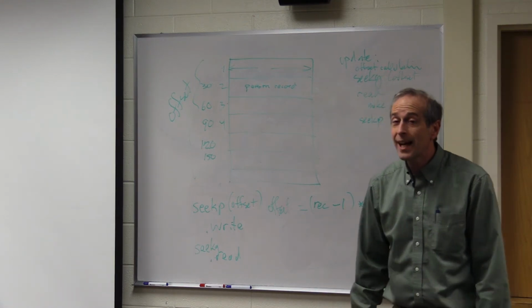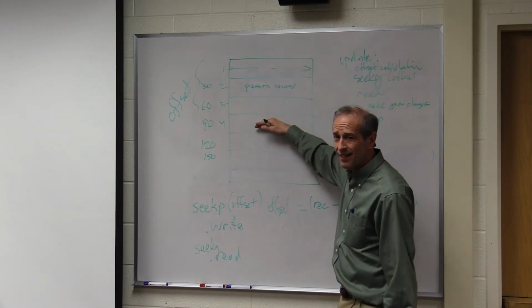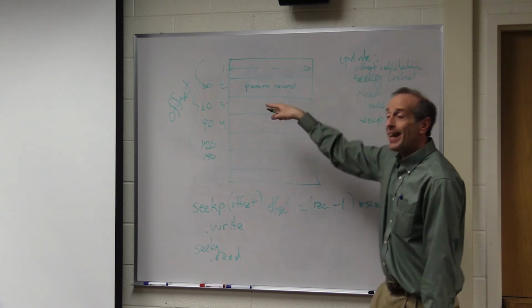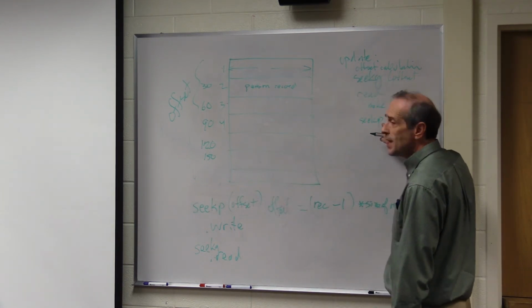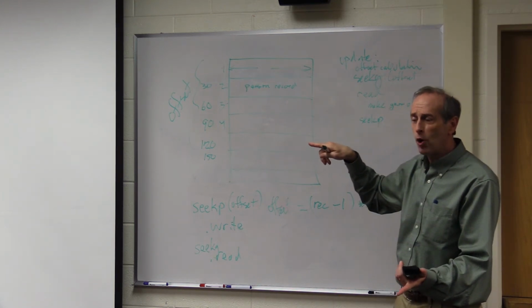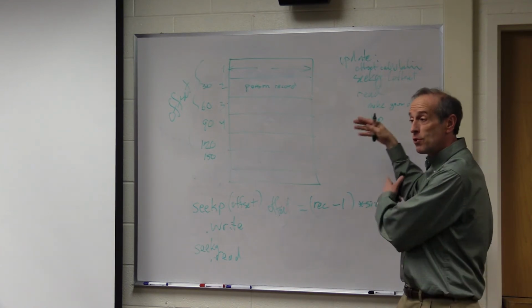You must seek again. When you read a record, the pointer that is offset moves to the next record. So if you don't seek P, first of all, you'll be in the wrong mode because you shouldn't be able to write immediately after a read without changing the mode.